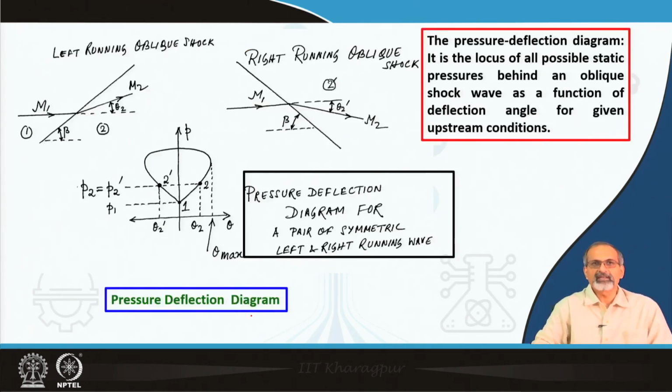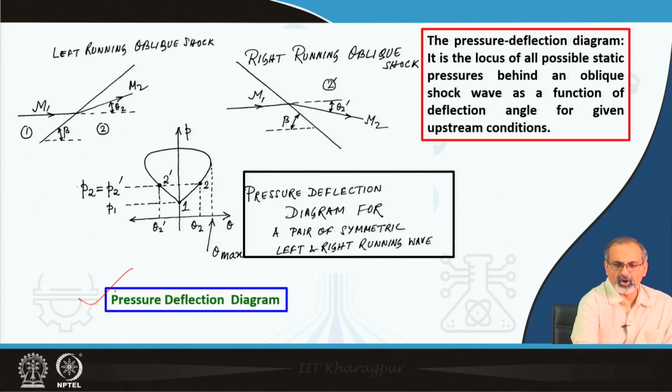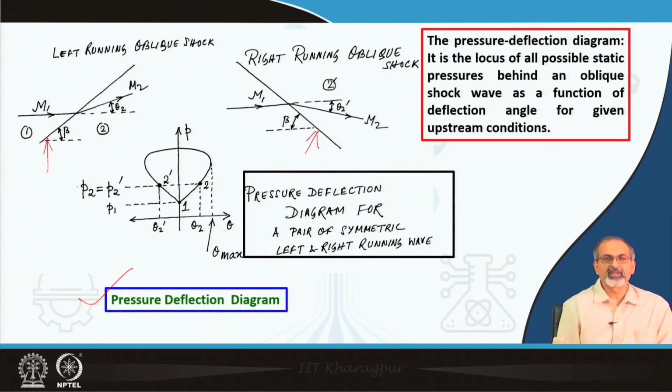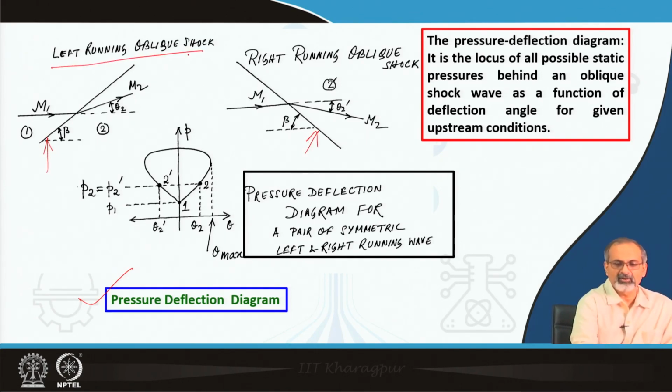Let us move on to the next topic, where we discuss the pressure deflection diagram. We talk about two oblique shocks here, one over here, the other over here. The one on the left is called a left running oblique shock.